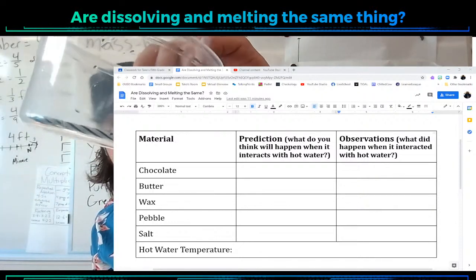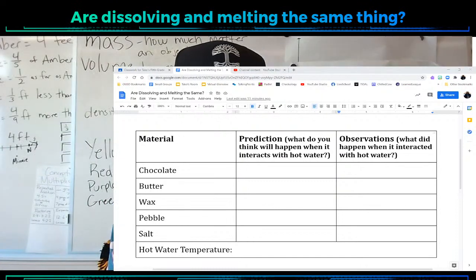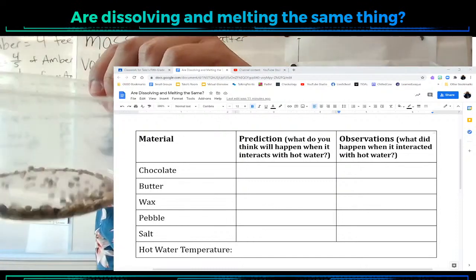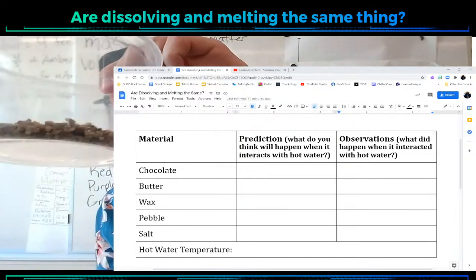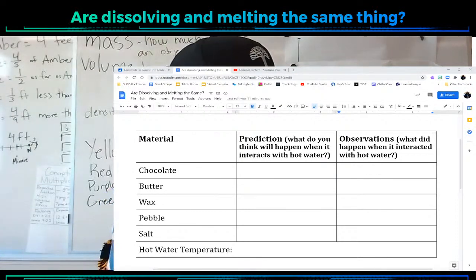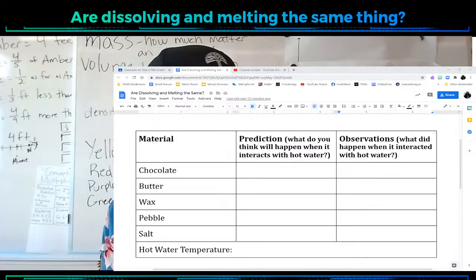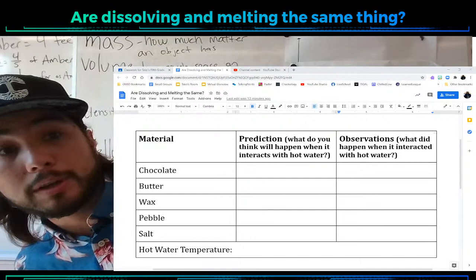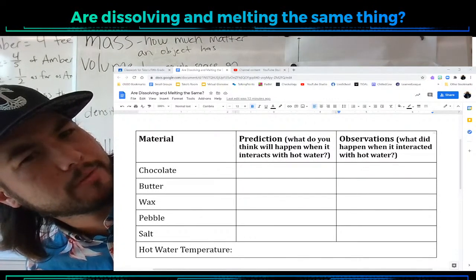A happy early birthday to you if your birthday's in January, of which we have a few. We've got some pebbles. We remember these from our first investigation of this unit on mixtures. And we've got our old dear friend salt, because we know what happens when salt dissolves in water, and we want to see what happens when it melts, if it melts.